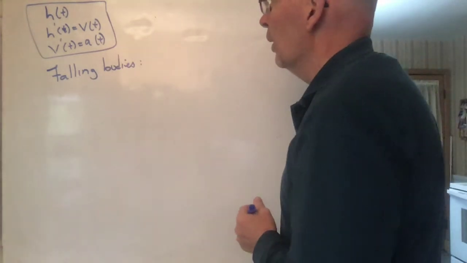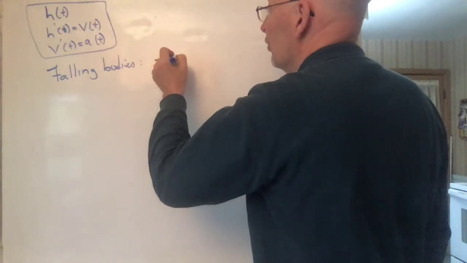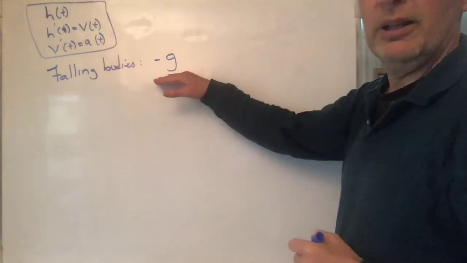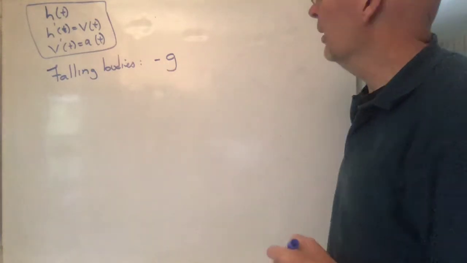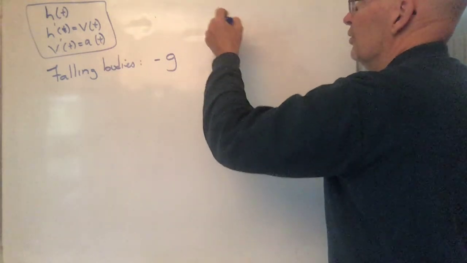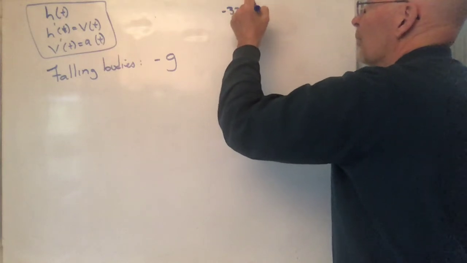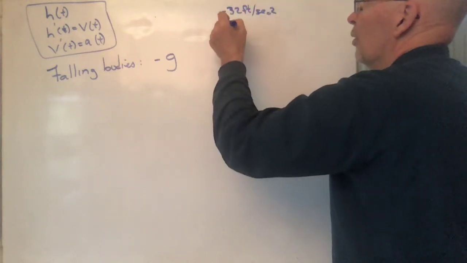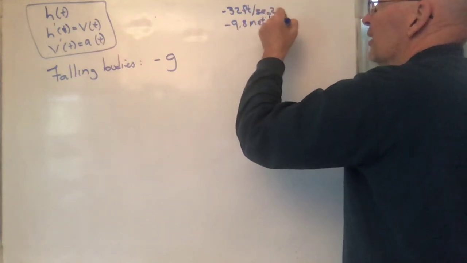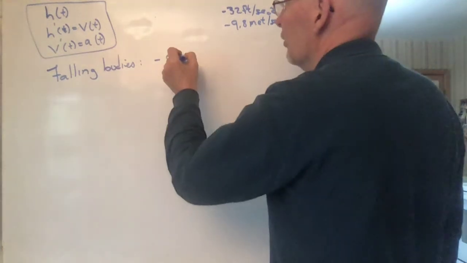Okay, so falling bodies, you have this acceleration due to gravity if you're close to the Earth's surface, which we typically just designate as negative g in units of feet and seconds. G would be negative 32 feet per second squared, or negative 9.8 meters per second squared. But anyway, it's g, and so that's your acceleration.